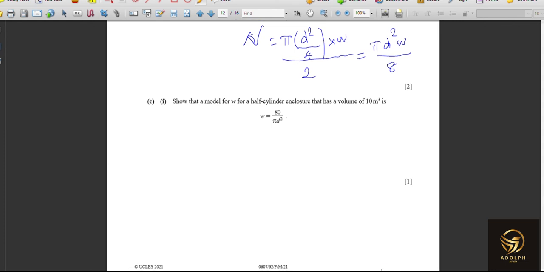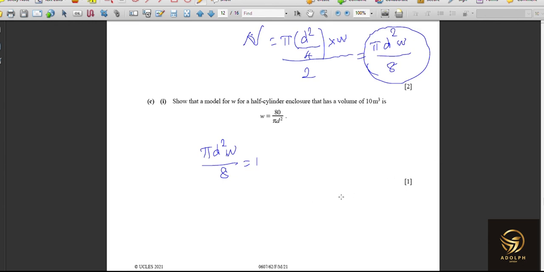Next, show that a model for W for a half cylinder enclosure that has a volume of 10 meter cube is this one. We got the model for the volume, pi d square W divided by 8. So pi d square W by 8 is equal to 10.